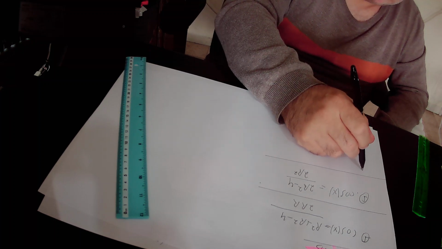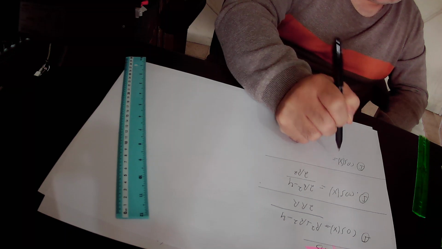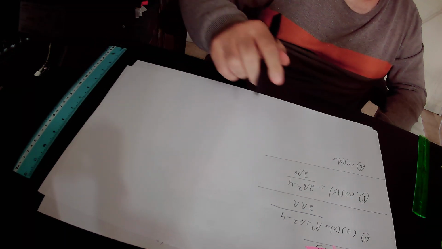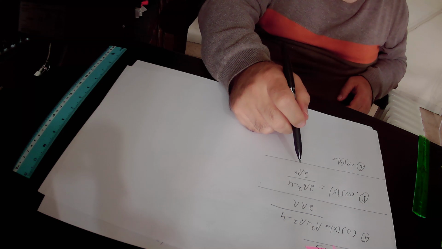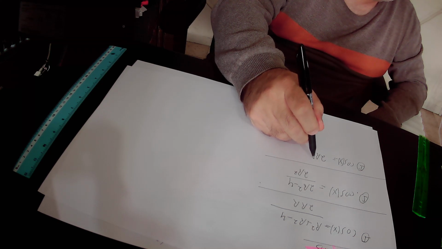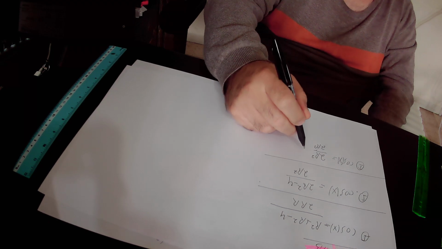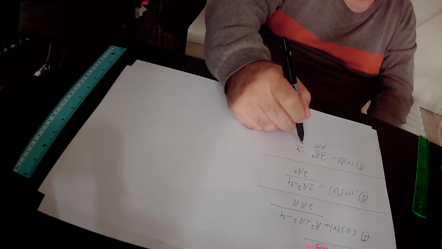So cosine x equals, we'll split this expression into two parts. The first part will be 2r squared over 2r squared, and the second part will be minus 4 over 2r squared.